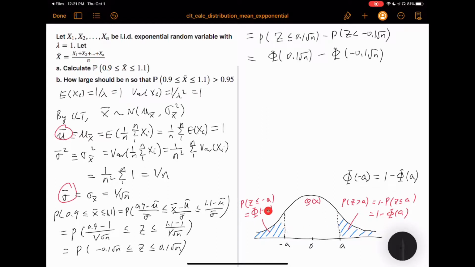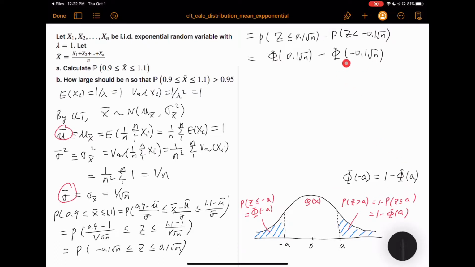The probability that Z, a standard normal, is less than negative a is this blue region here, which is equal to phi of negative a. The blue region on the right-hand side is the probability that Z is greater than a, which is equal to 1 minus the probability Z is less than or equal to a, which is 1 minus phi of a. Because the density function is symmetric, these two blue regions are the same, which means phi of negative a is equal to 1 minus phi of a. So let's apply this formula here.